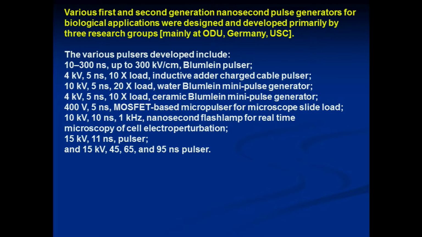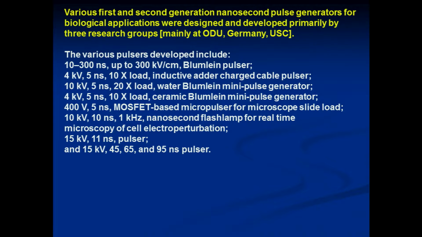With a water Blumlein line, they put it in water to change the resistance, so that changes the impedance. And then an inductive added charge cable, so they do it in many ways, and then again 400 volts 5 nanosecond.